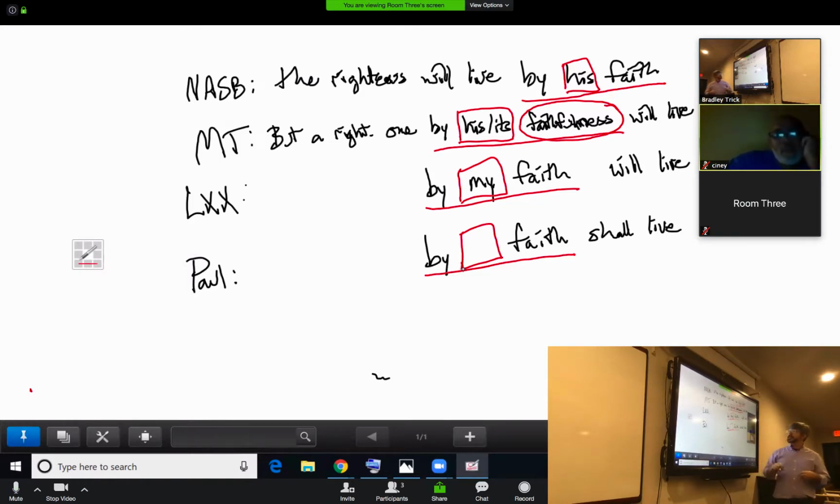The Septuagint changes this to "by my faith." Now, what is the Greek word for faith?